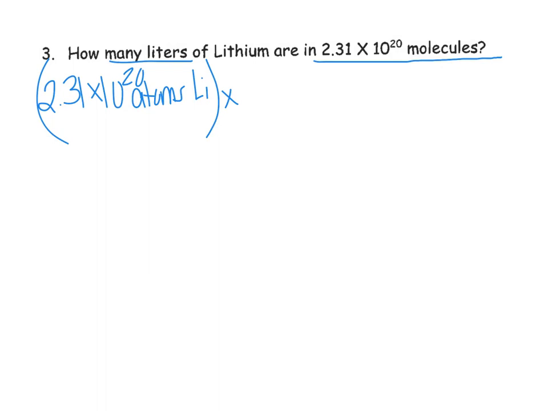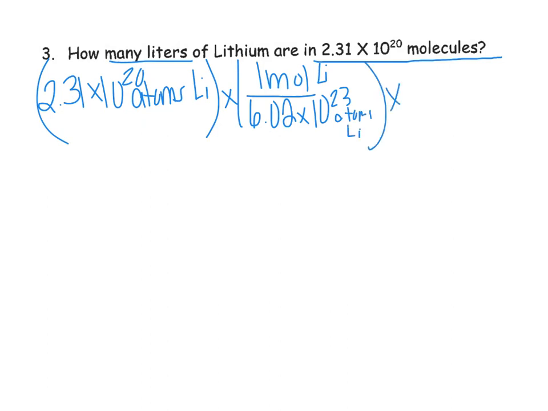There's no conversion from atoms directly to liters, so we must go into moles. I want to get rid of atoms, so I use Avogadro's number on the bottom, 6.02 times 10 to the 23rd atoms of lithium in 1 mole of lithium. And in 1 mole of lithium, or 1 mole of anything, is 22.4 liters.